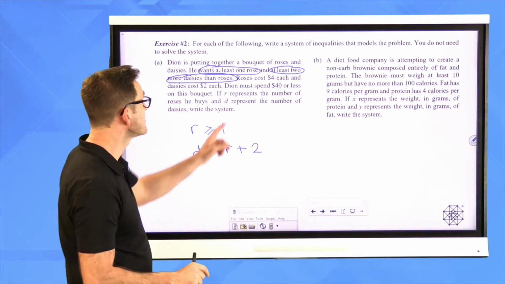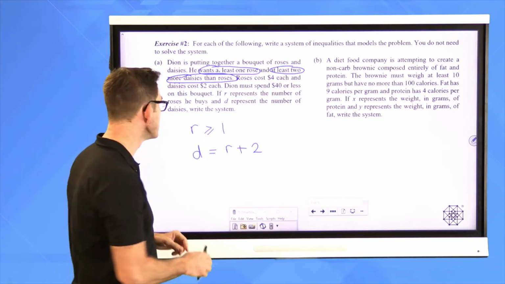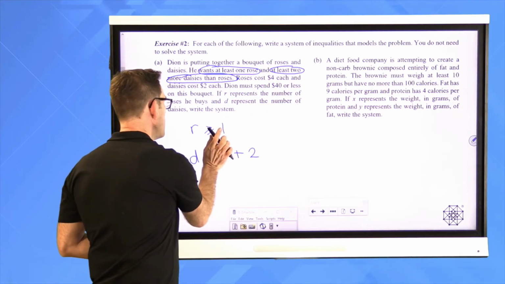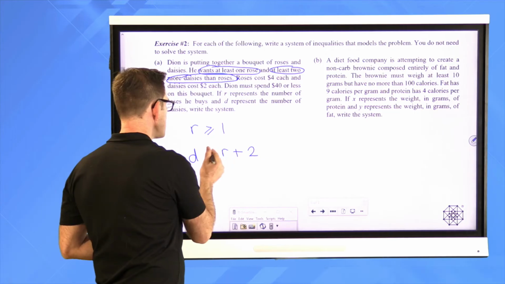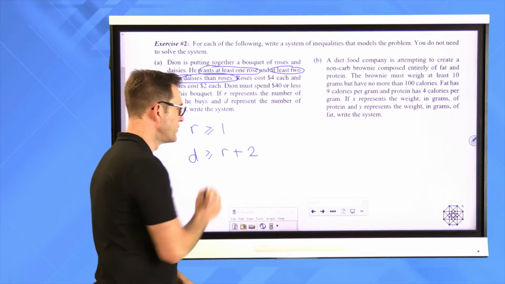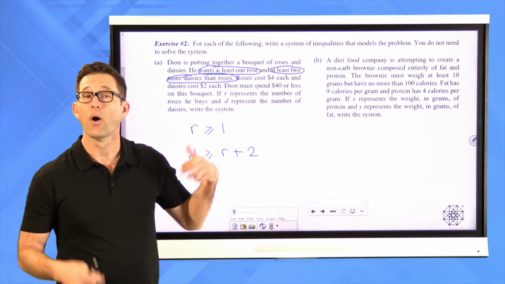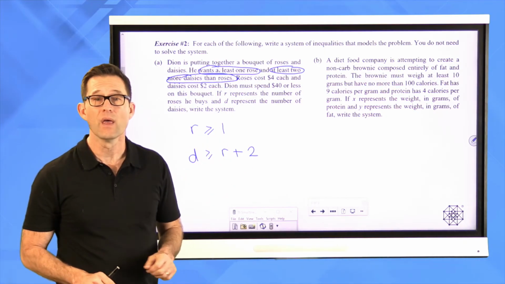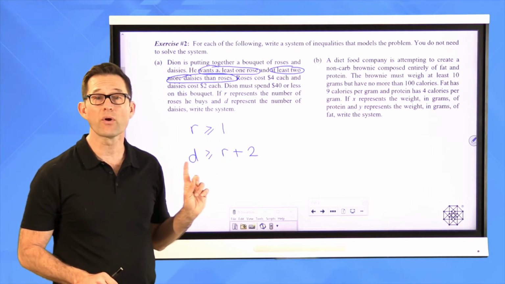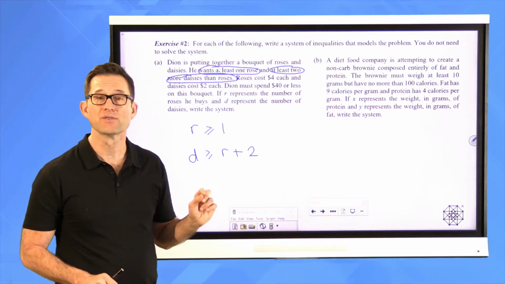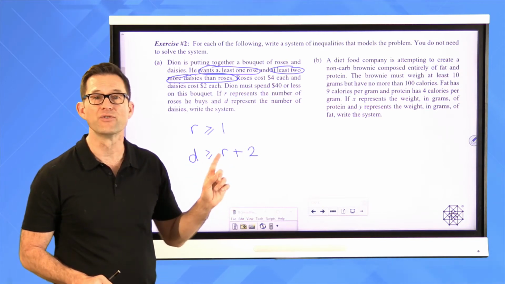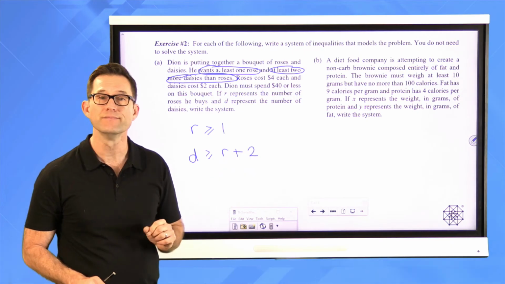But he wants at least 2 more daisies than roses, so instead of an equals sign there, it's going to be a greater than or equal to sign. So he wants at least 1 rose, R is greater than or equal to 1. He wants to have at least 2 more daisies than roses, so the daisies must be greater than or equal to the roses plus 2, right?